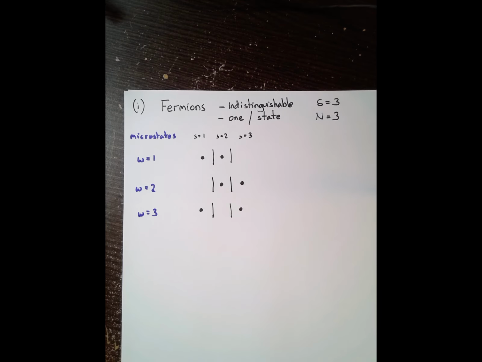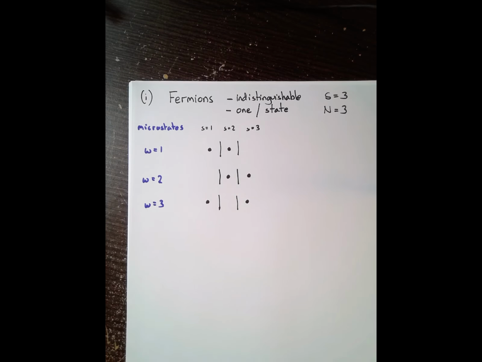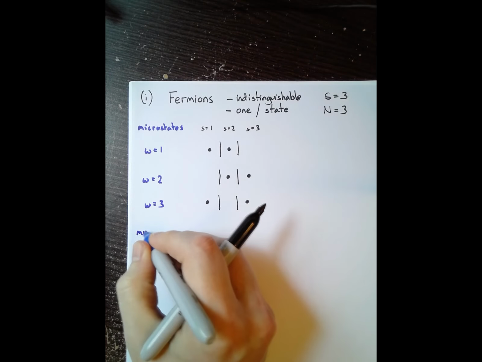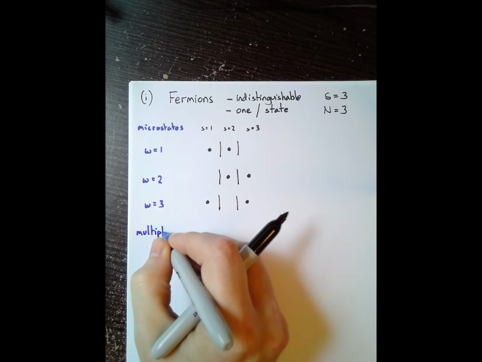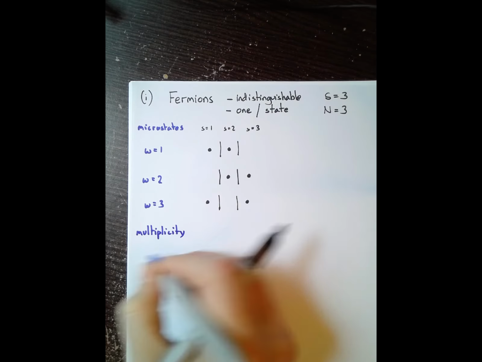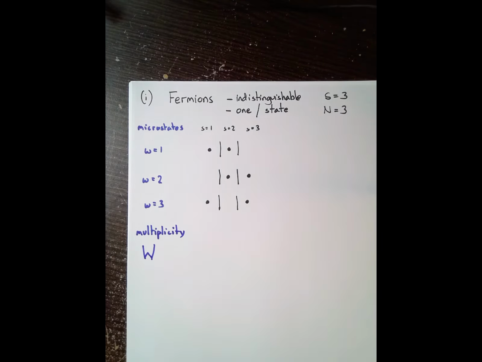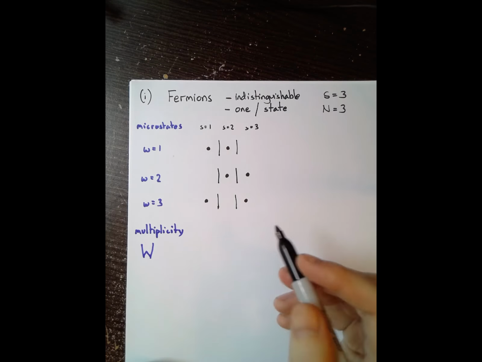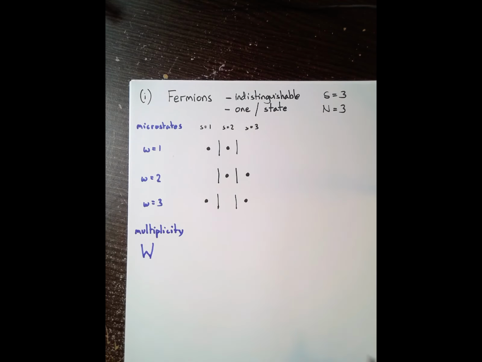And the total number of microstates, which is the multiplicity, I'm going to denote W. That's the symbol that has been used previously in this course. Okay, and I'm going to also introduce a variable n, which tells me the occupation of each state.